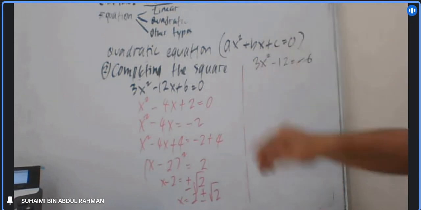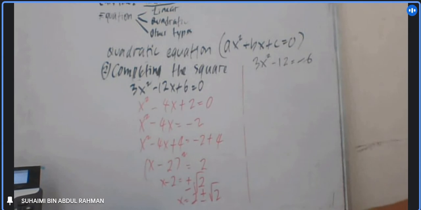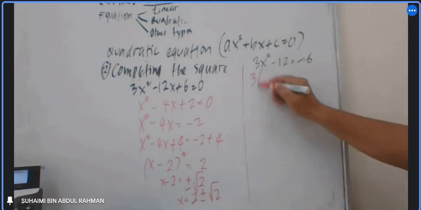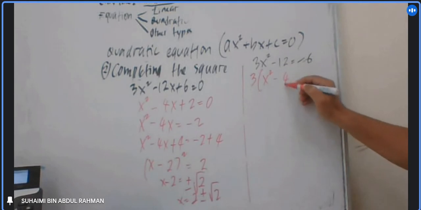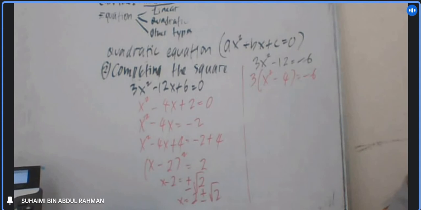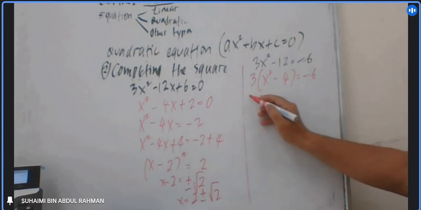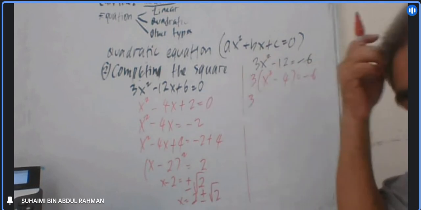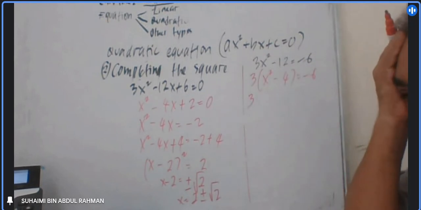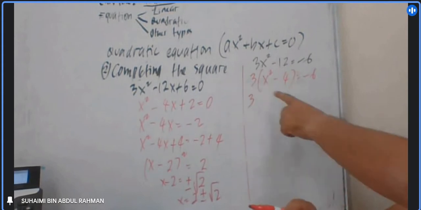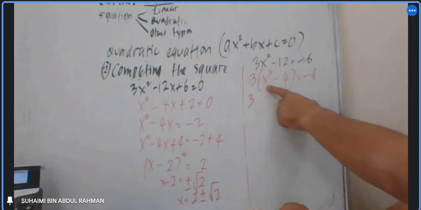So we can make 3 a common factor. x squared minus 4x. Same. Right. Now 3 is still there. We don't do anything for 3 because 3 will not be taken in our process of completing the square. The process of completing the square is only for this part.